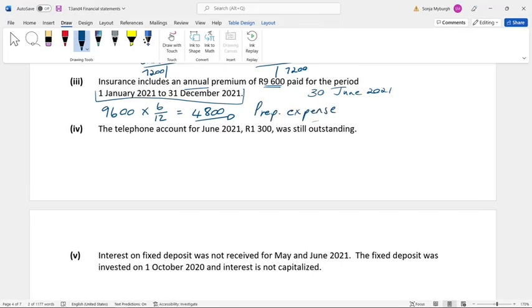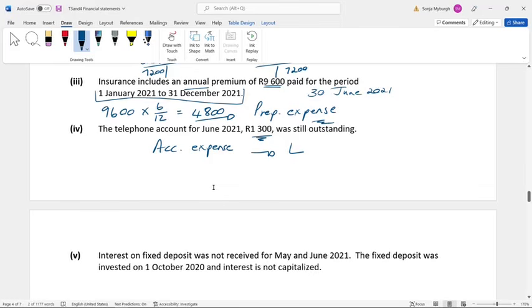So this is what we show on the balance sheet. We do not do the income statement in this question. Adjustment number 4, the telephone account for June was still outstanding, and that is an accrued expense, which is a liability on the balance sheet to be shown.